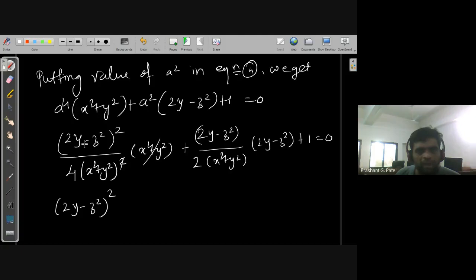Plus here what is left, it is plus 2 into 2y minus z square whole square, plus 4 times x square plus y square, equal to 0.